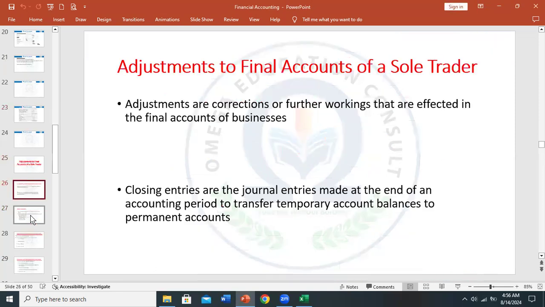Let's quickly look at the definition of adjustment. So one of you should read for me, please. I think Bishop should do it for us.